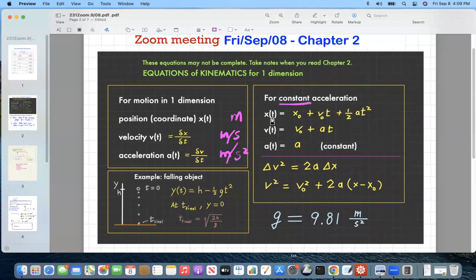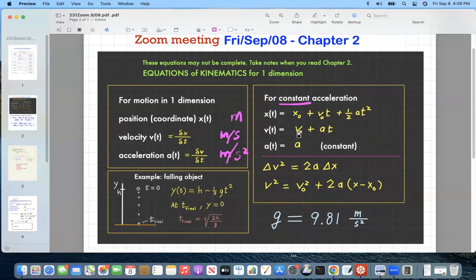The position as a function of time is a constant x0 plus a constant v0 times t plus 1/2 the acceleration times t squared. And it was the great Galileo Galilei who determined that when there's constant acceleration, the position changes as the square of the time.